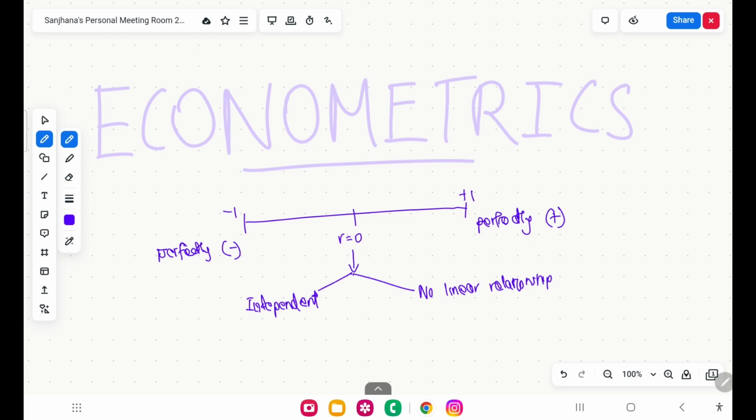This is where we start our discussion about independence, mean independence, and uncorrelatedness. No relationship at all is the independence concept. When we say no linear relationship, that refers to non-linear relationships, and this is what we refer to as uncorrelatedness.